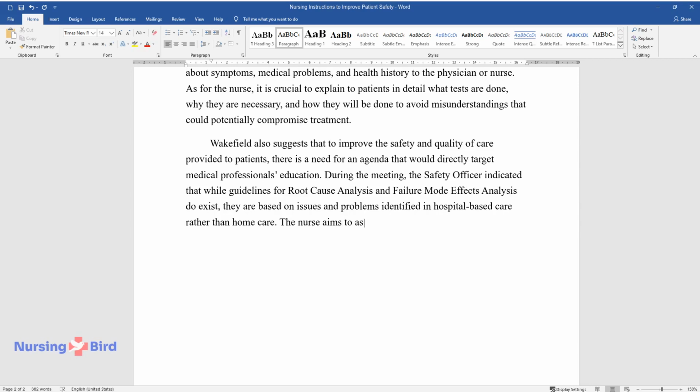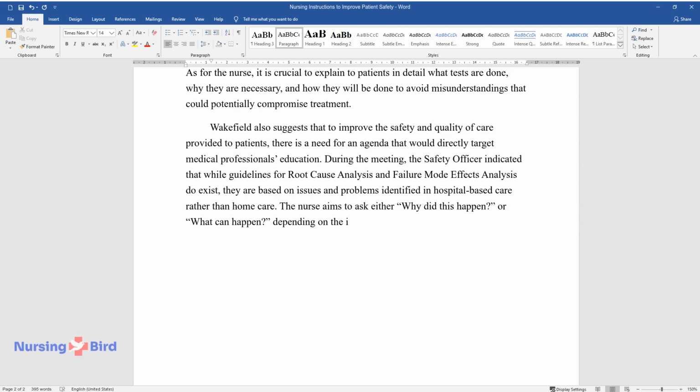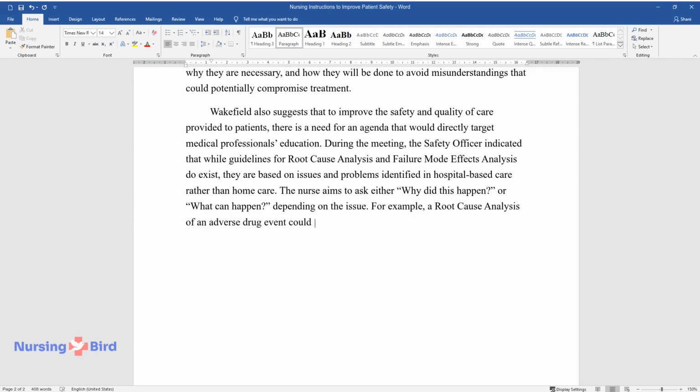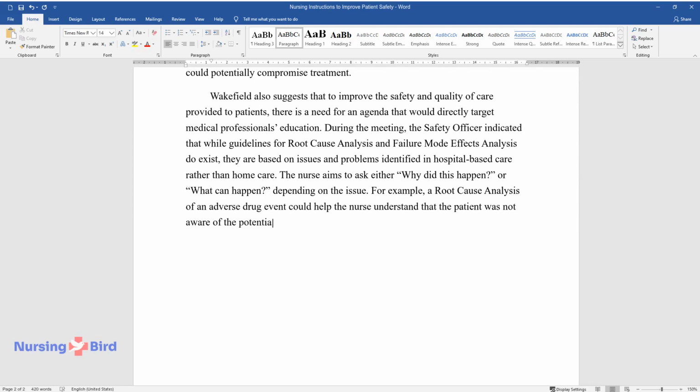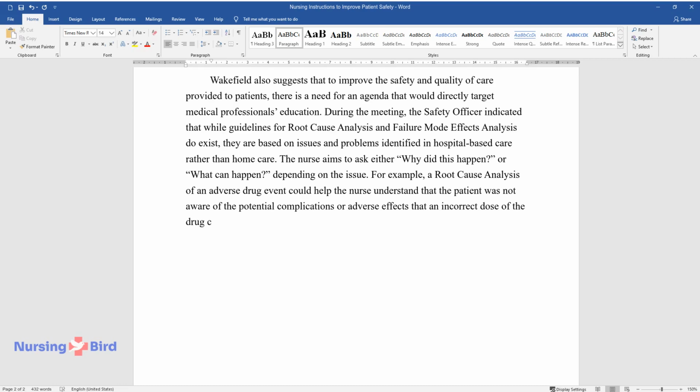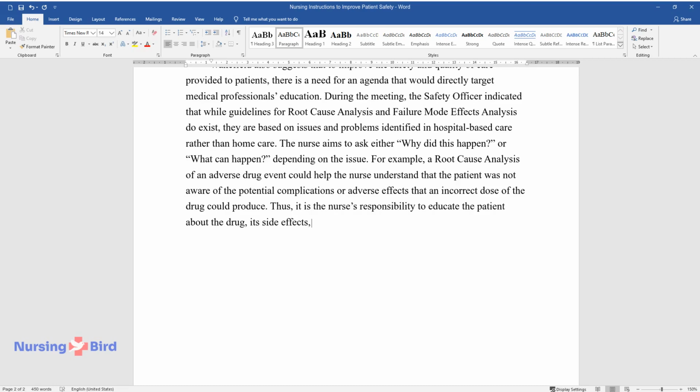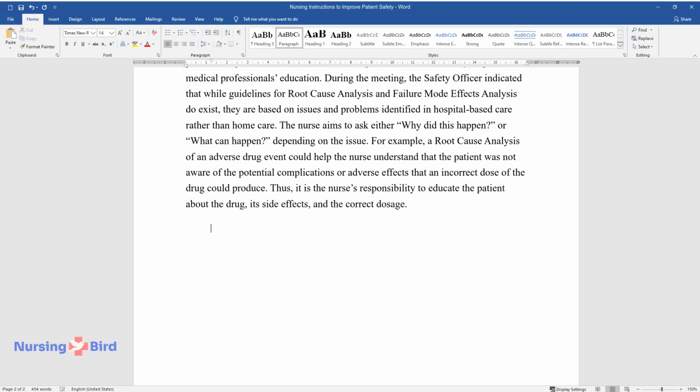The nurse aims to ask either why did this happen or what can happen, depending on the issue. For example, a root cause analysis of an adverse drug event could help the nurse understand that the patient was not aware of the potential complications or adverse effects that an incorrect dose of the drug could produce. Thus, it is the nurse's responsibility to educate the patient about the drug, its side effects, and the correct dosage.